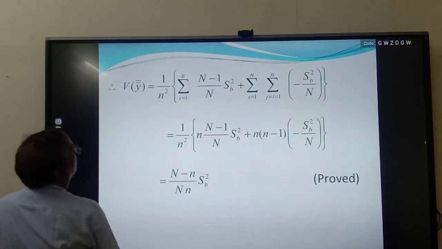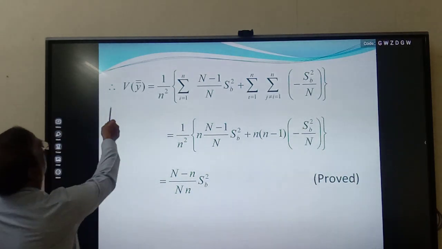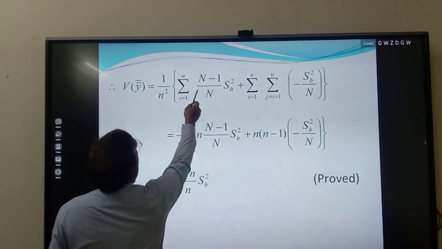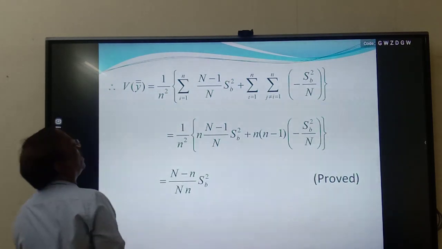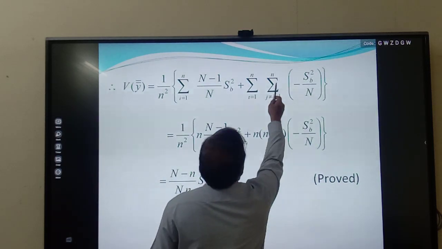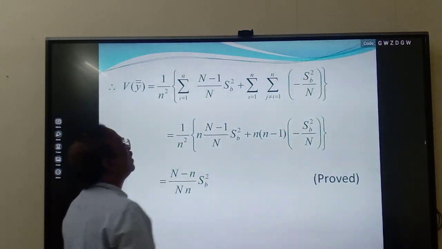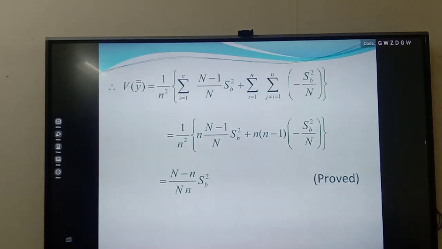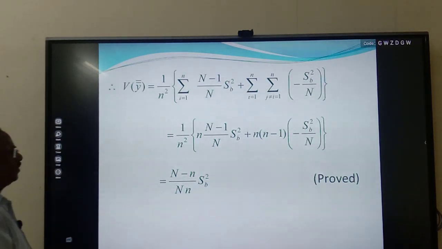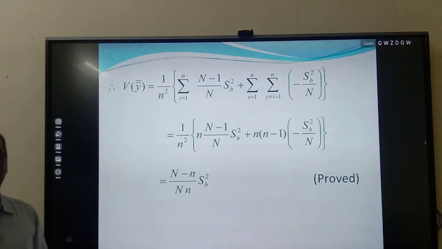So this we are doing here as V of y double bar as 1 by small n, minus 1 by n SB square, and this sum i goes from 1 to n, j not equal to i going from 1 to n, minus SB square by n, and it solves in this form.